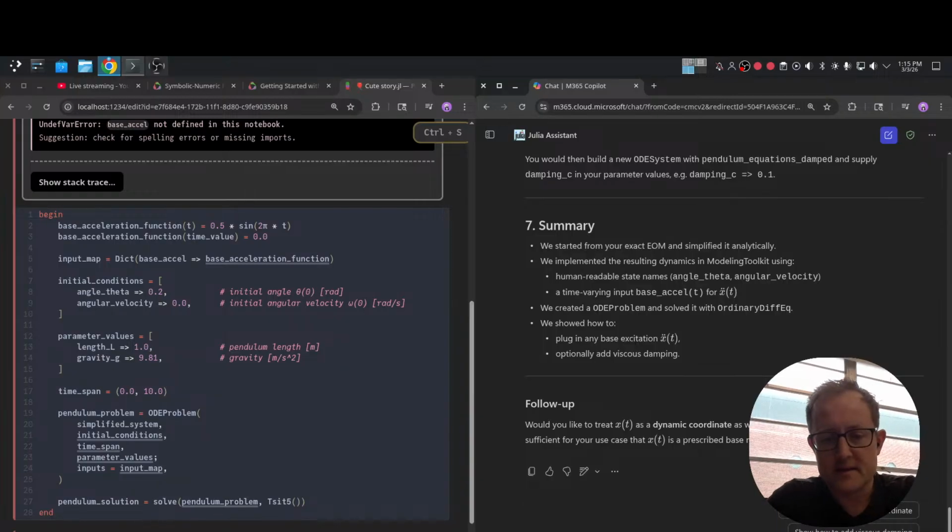So let's see if we can. This is not right. I want the base motion x, dx, ddx to be degrees of freedom.